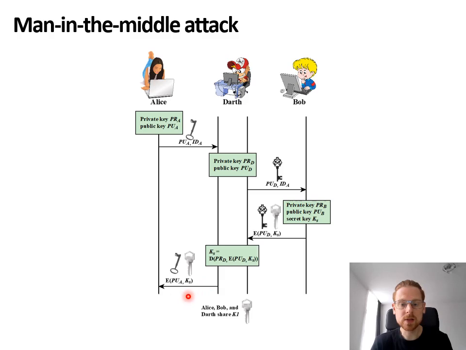Dart can then send the same session key but encrypted with A's public key towards Alice. Now, not only Alice and Bob share this session key KS, but also Dart has access to it. This clearly shows a problem with using public key encryption to share private session keys.